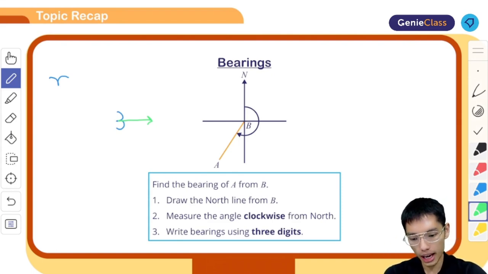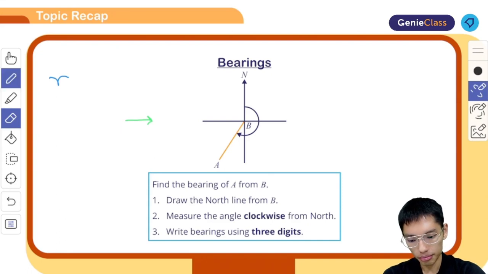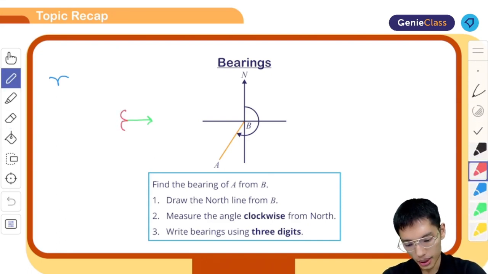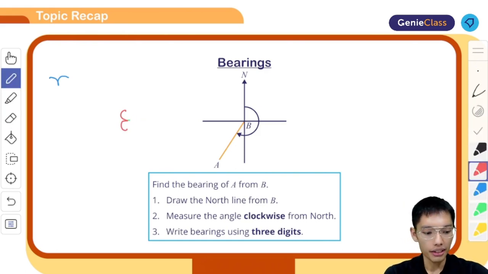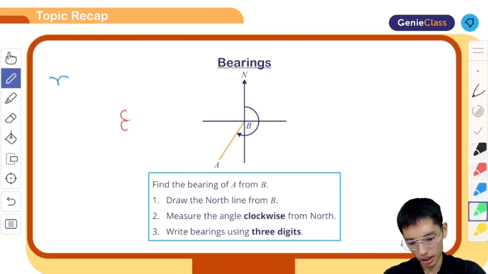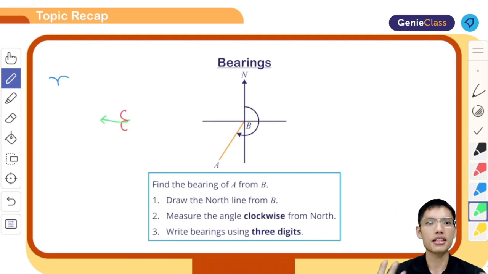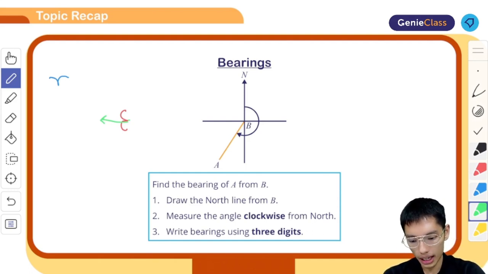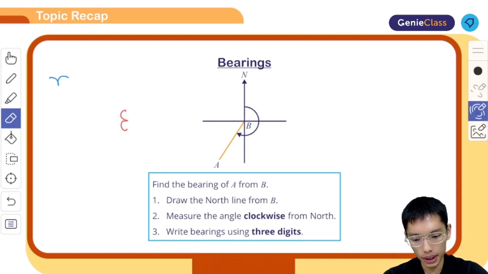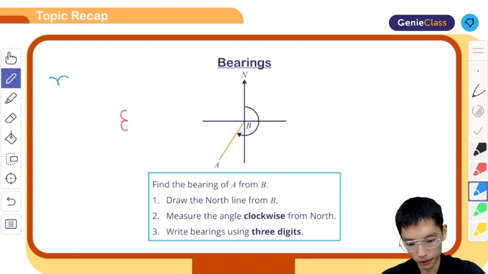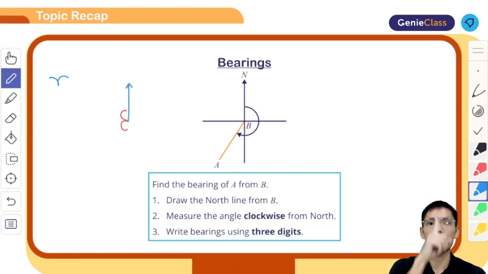It is also possible that the bird, in the end, is this way. So does that mean the bearing should start from the orientation it goes this way? This is very ambiguous. So therefore, for bearings, we disregard the orientation of the object, and regardless of how the object is doing, we always start from the north line, which means north is pointing up.